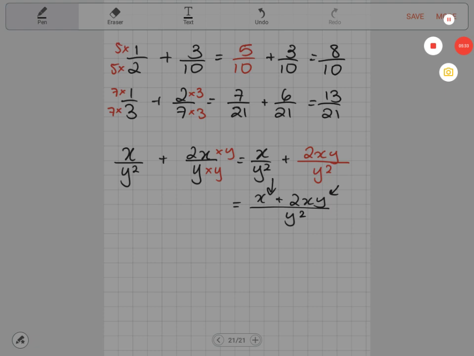So we will have that over x minus 2, x plus 3, and we'll gather our like terms. So plus 11x over x minus 2, x plus 3.